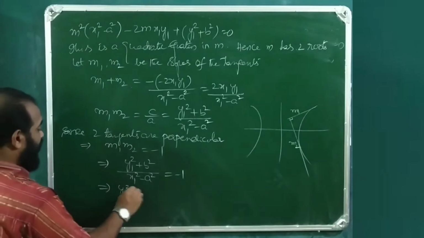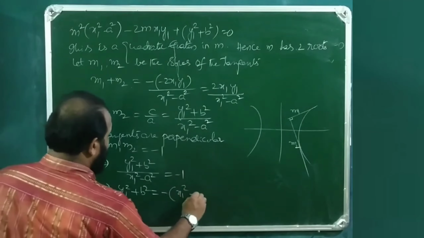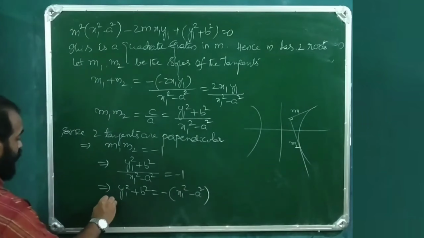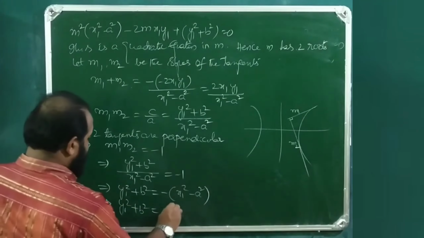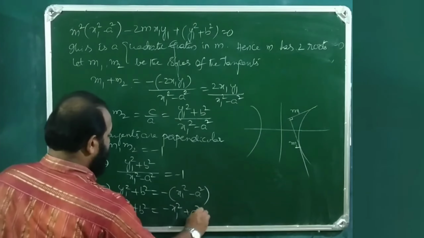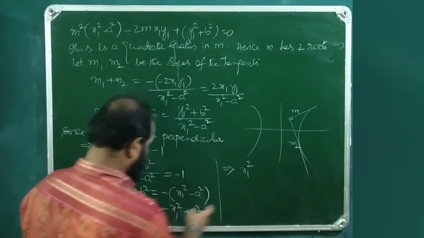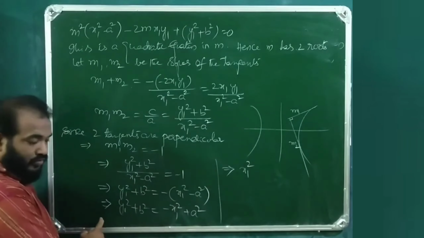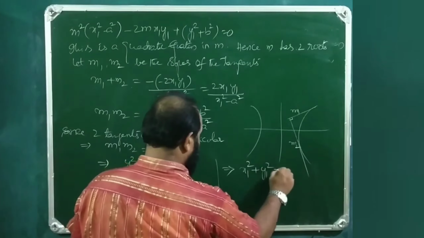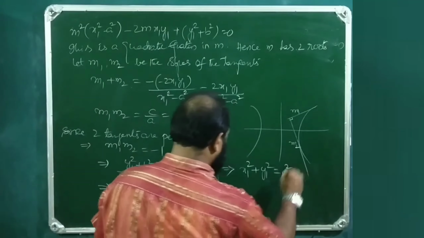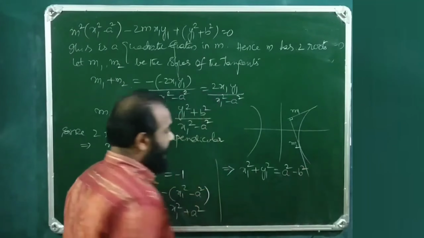So y1 square plus b square is equal to minus of x1 square minus a square, which is minus x1 square plus a square. This implies, on transposing, x1 square plus y1 square is equal to a square, and transposing b square to the other side, minus b square.